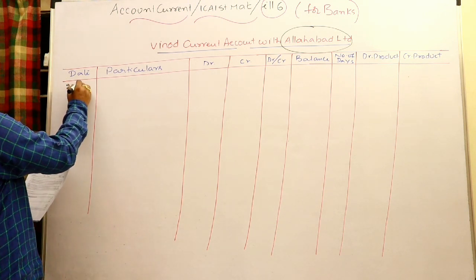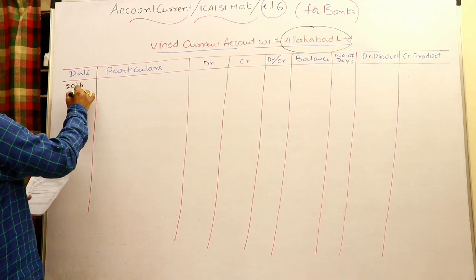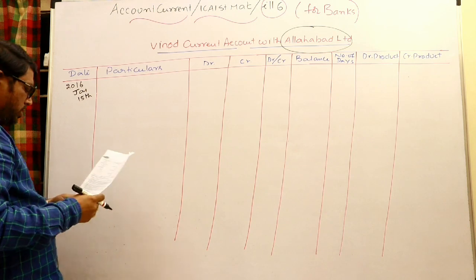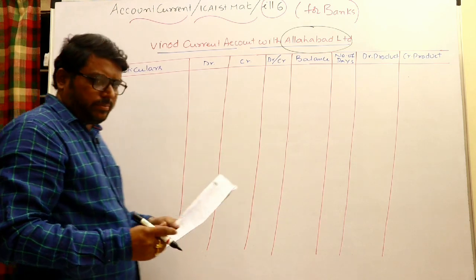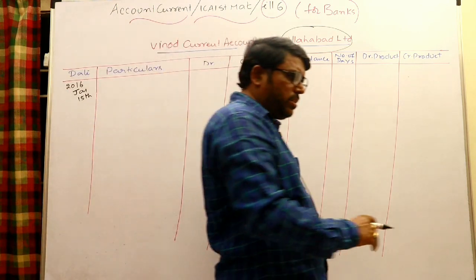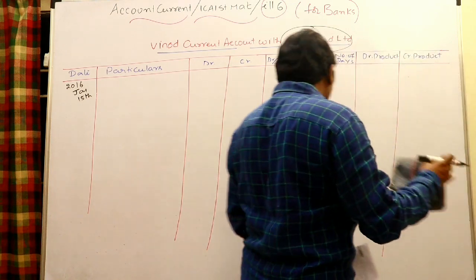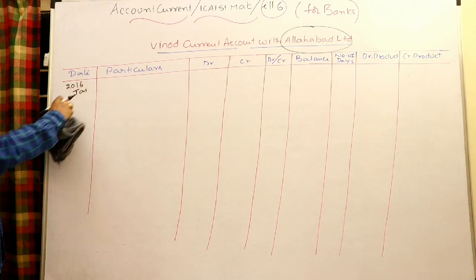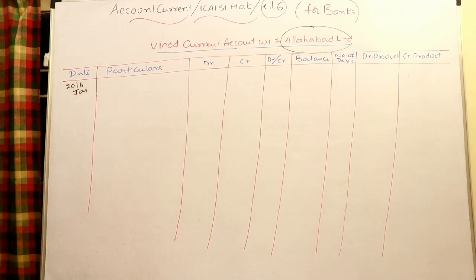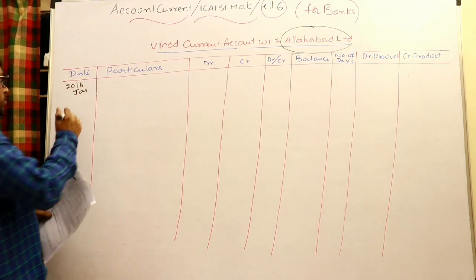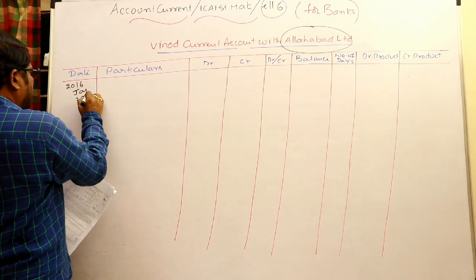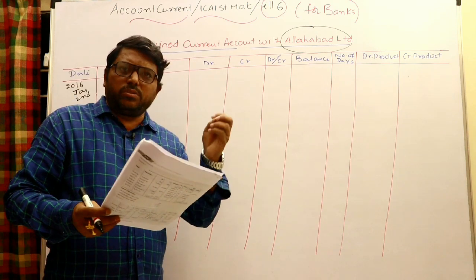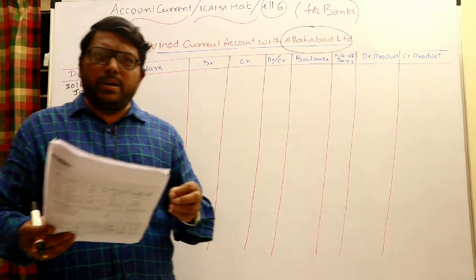The first transaction is 2016 January 2nd, when the account was opened, and after that comes January 15th. Of course you take them in chronological order. The amount is 30,000, with which the account is opened by him.